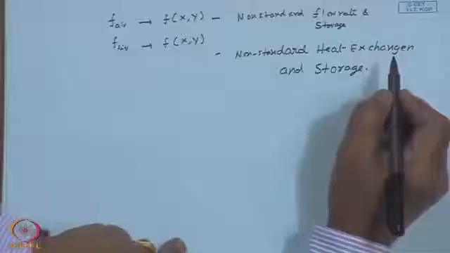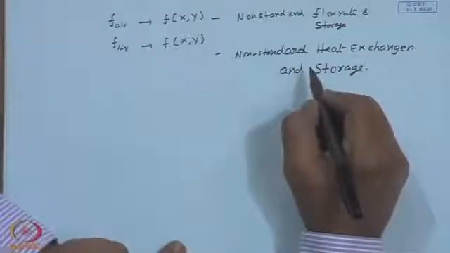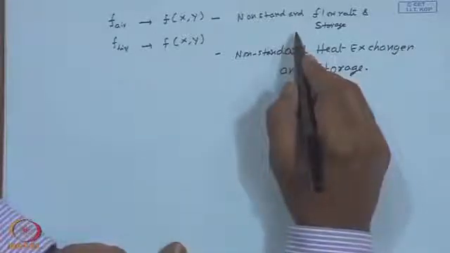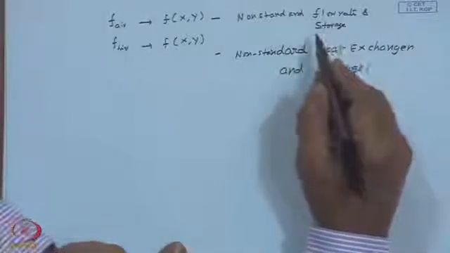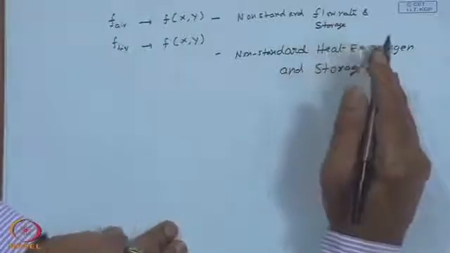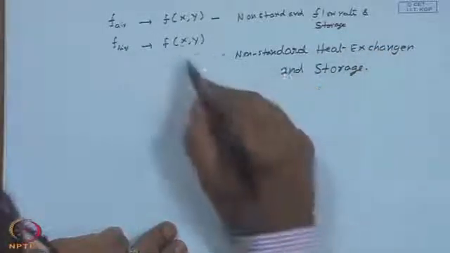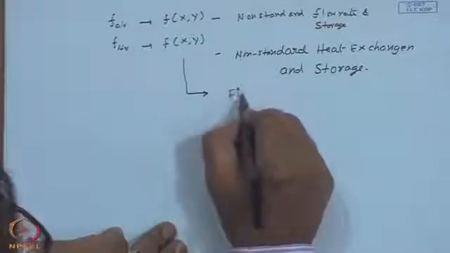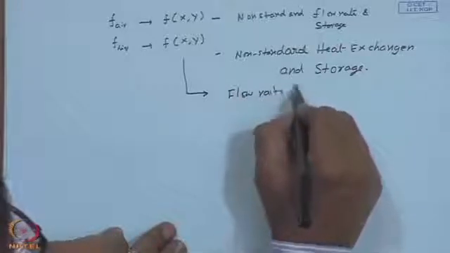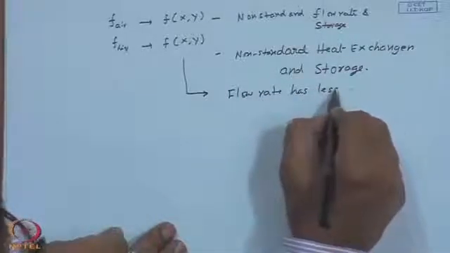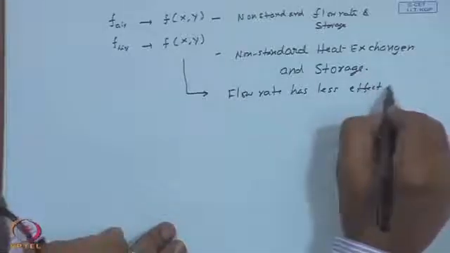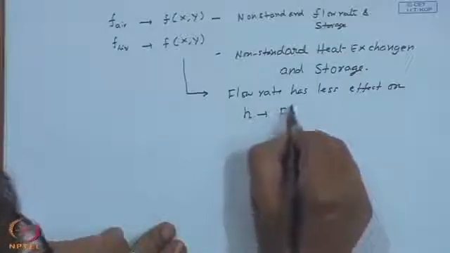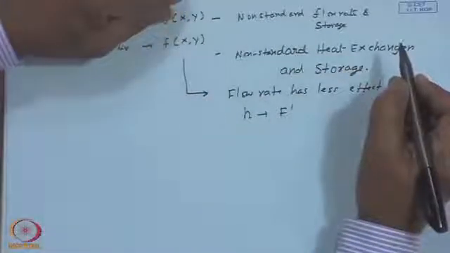So, you may be a little surprised why the flow rate does not come into the picture in the case of liquid, and heat exchanger does not come into the case of space heating. That we had already explained. If it is space heating, air is used, and in the case of liquid system, the flow rate typically has less effect on heat transfer coefficient and hence ultimately on F dashed, the collector efficiency factor.